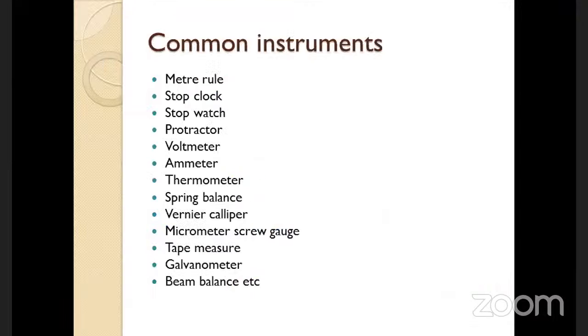Those are the common ones, but we have other instruments that we can also mention apart from these ones.